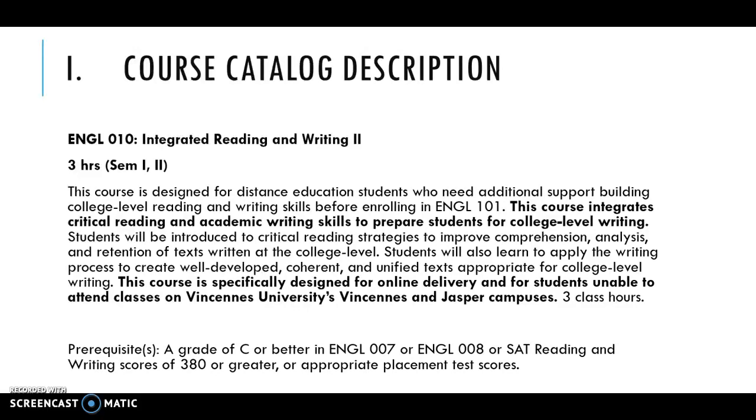That's a little different than the old versions of our developmental sequence where we had those things a little bit more separated out, but now that they're integrated, it saves students a lot of time and money in the sense that they can just take this one course and get to English 101 a little bit faster. It does mean the course is a little bit more packed than it was in the past when it was just a writing course or just a reading course. That's been my experience anyway. But the students are getting a more in-depth education as far as these two skills go, and seeing the connections better as a result as well.